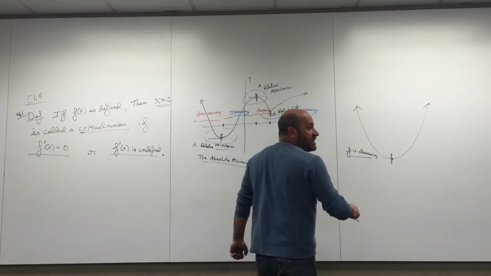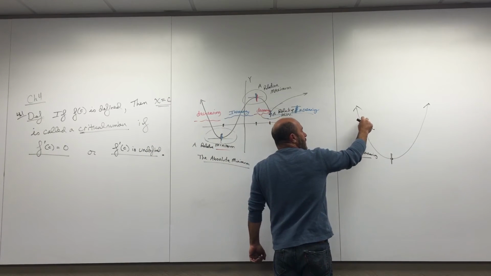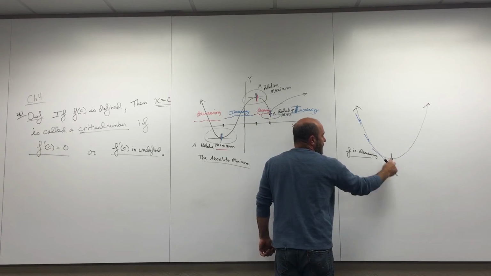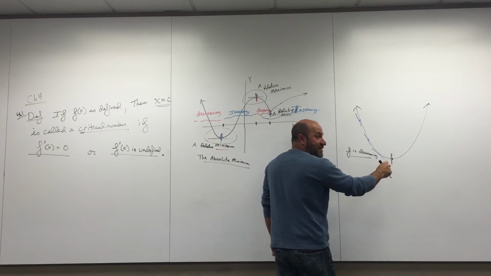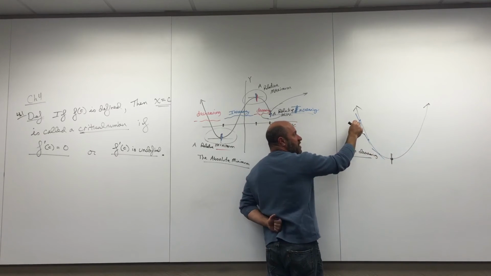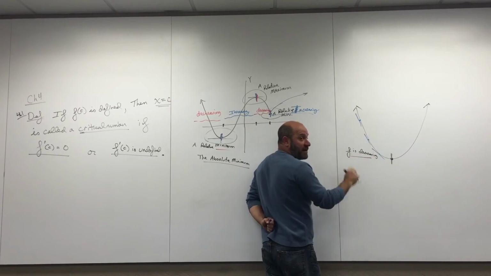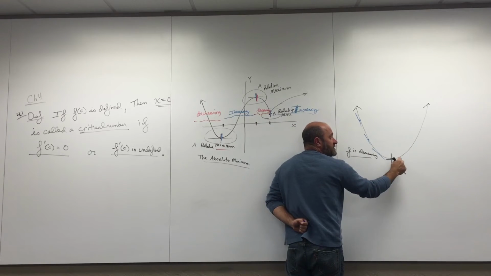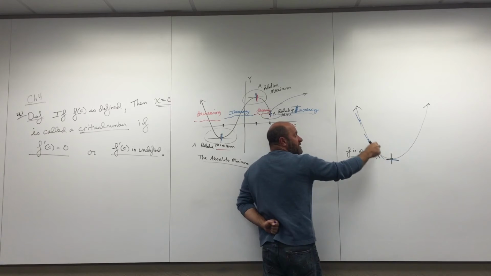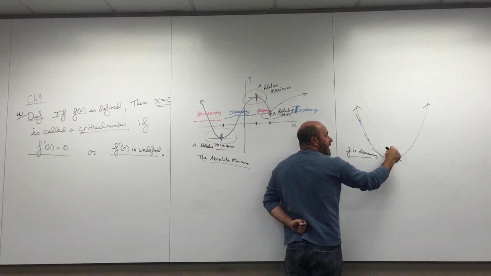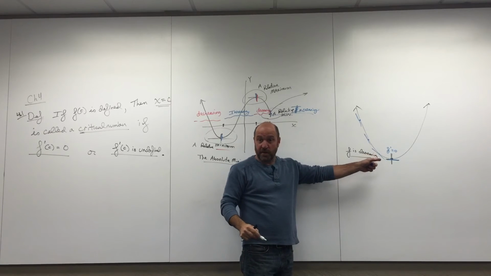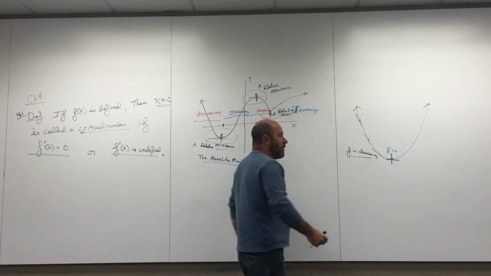And if we drew a tangent line over here, and there's a tangent line, there's a tangent line, there's a tangent line, I think about the slope of these tangent lines. What we've thought about so far is the slope of this tangent line. What's the slope of this tangent line? 0. I'm going to make a little note here. f prime equals 0 right here, right? Is that okay with you? The derivative is 0. The slope is 0 right there.